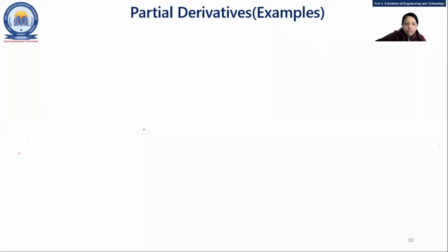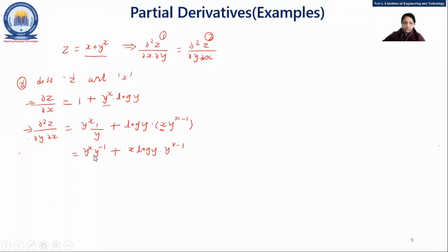So this thing also is y raised to x minus 1. We'll take a common one: y raised to x minus 1 into 1 plus x log y. Clear? So this is my del squared z upon del y into del x. Any doubt in this?